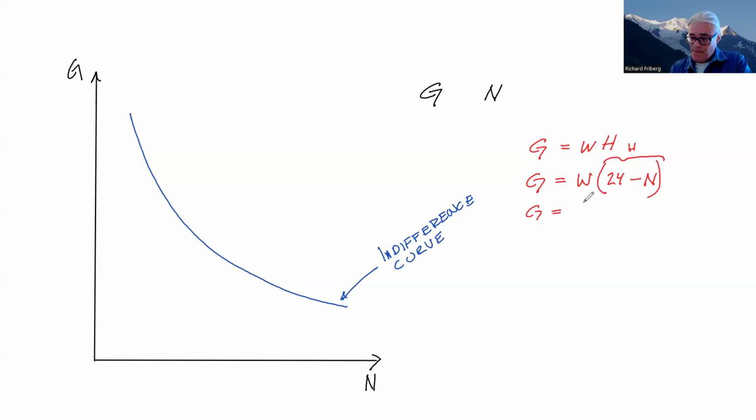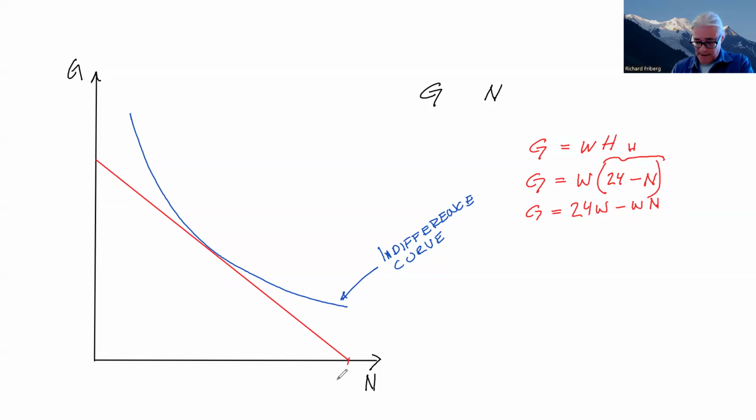Or multiplying out here, we have an intercept of 24W minus WN. So let's draw that in the figure here, and let's draw that in a way so that the two curves are tangent. By now you realize why.